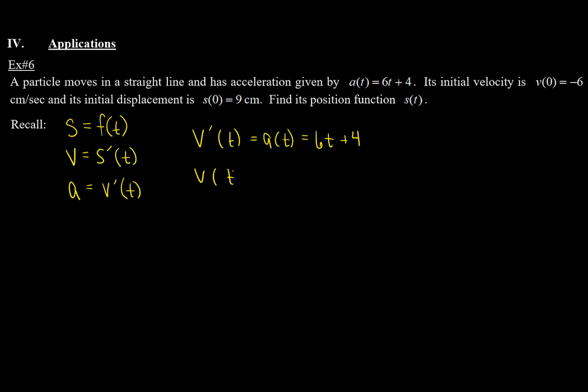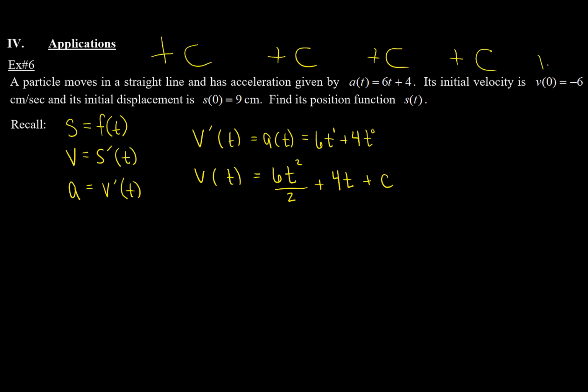So v of t is where I'm just going to take the antiderivative of this. So I'm going to have 6t. Now this t is a power of 1, so 1 plus 1 is 2. Divide by that power of 2. Plus 4. There's no t here. This is kind of like saying t to the 0. So this becomes 4t to the 1 divided by 1. And then don't forget your plus c. Don't forget that. It's a big deal. All your problems are wrong without it.